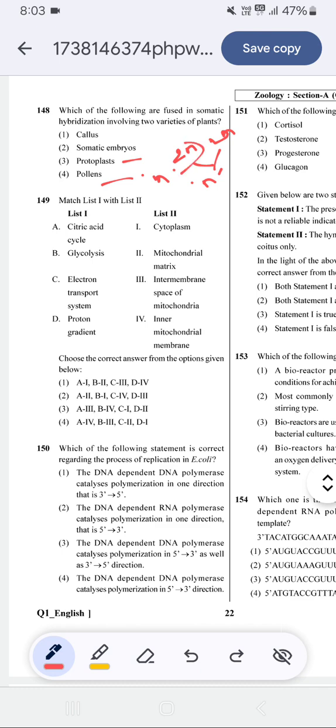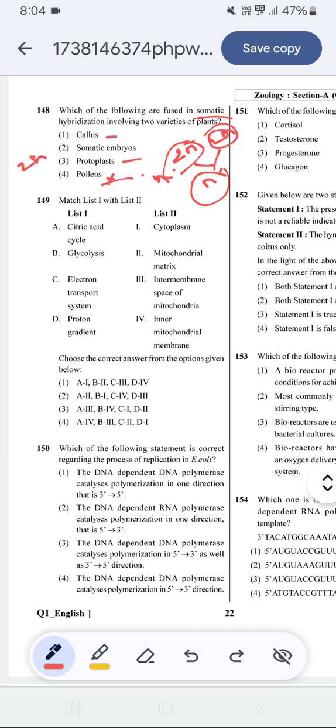This parent cells will be taken from two different species. Then after the process of hybridization, a hybrid will be formed. That is somatic hybridization. So we need a diploid cell, diploid cell for somatic hybridization. So pollens are haploids. So that is not possible.